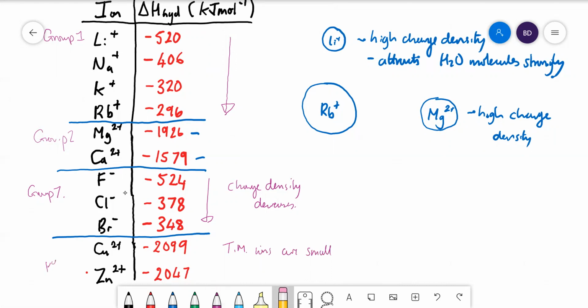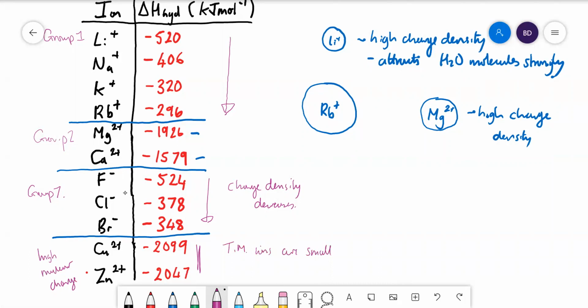They have a high nuclear charge, and that tends to make the ions small, and that makes the delta H hydration values pretty high.